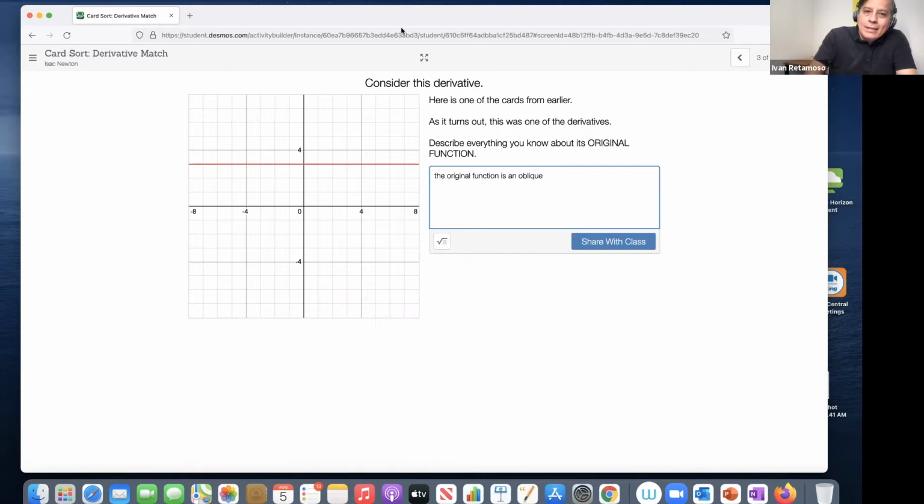It's going to be a function that looks like this, because you can see that the derivative here is 3, positive derivative, right? The original function is an oblique line. And moreover, I can say that that oblique line has to have a slope 3. Why, Professor, why do you say that? Well, because 1, 2, 3 here, right? With equation, for example, y = 3x.